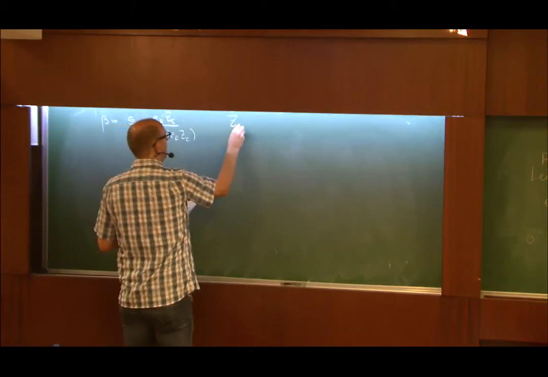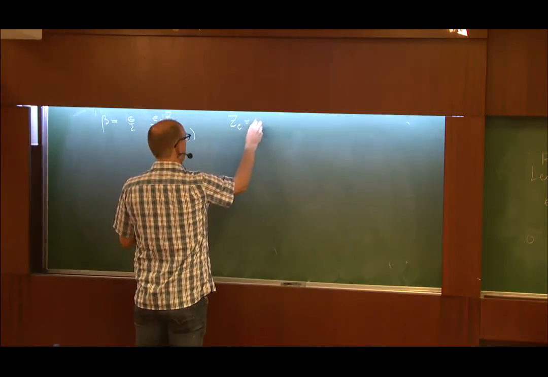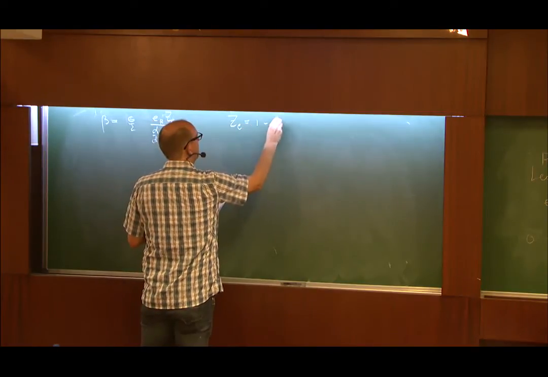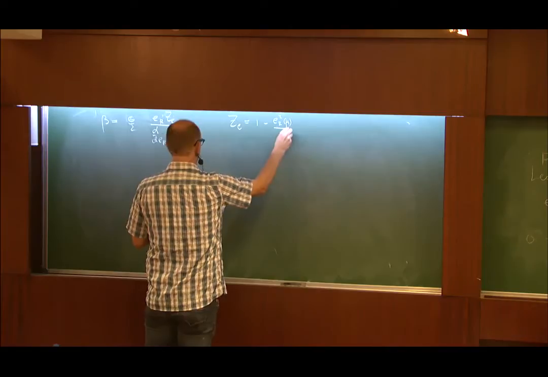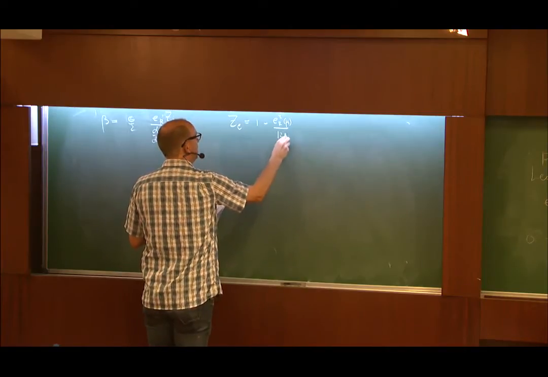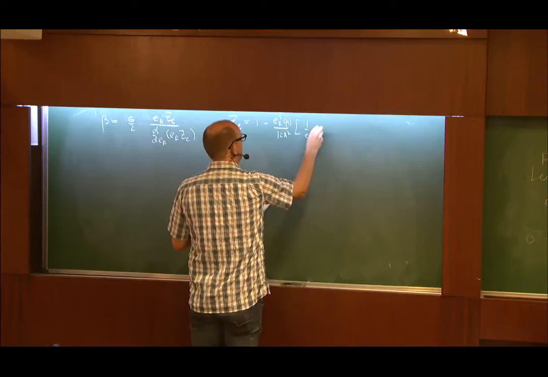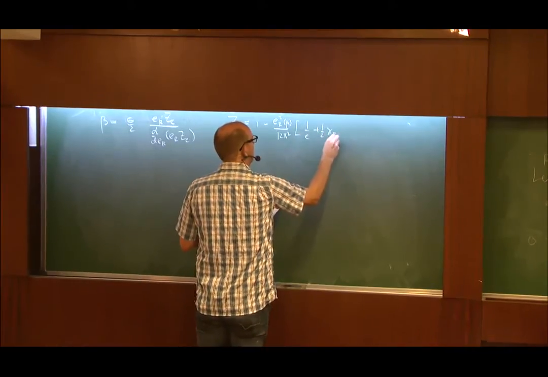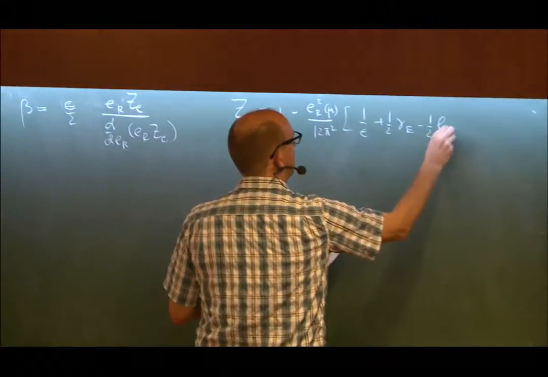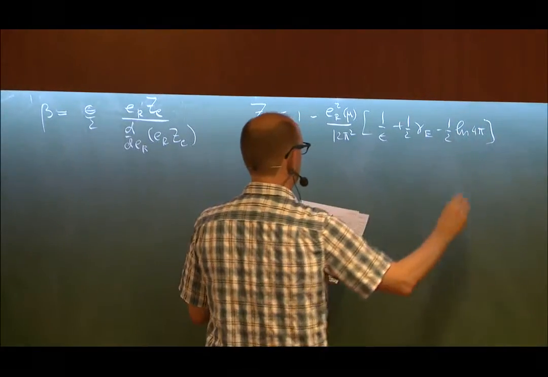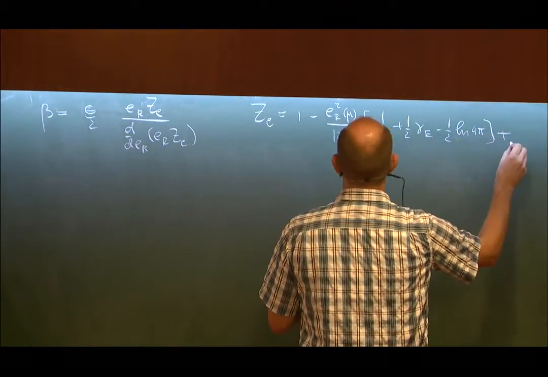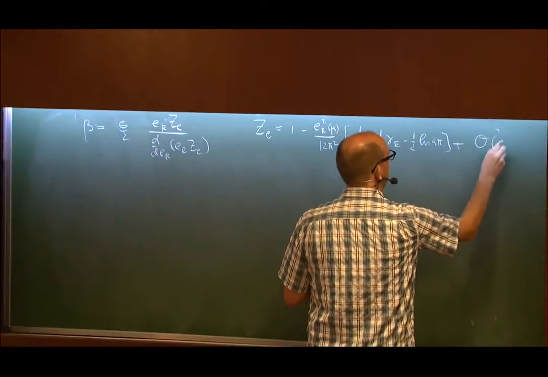And I use the fact that Z_e, I'll now write it exactly, is 1 minus e_R squared mu over 12 pi squared, 1 over epsilon plus a half gamma_E minus a half log 4 pi, plus order e_R to the fourth that we haven't done.